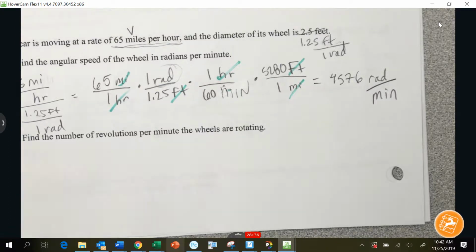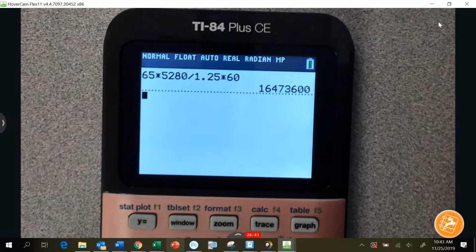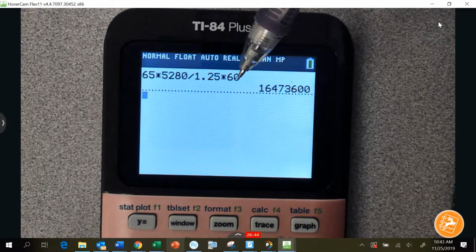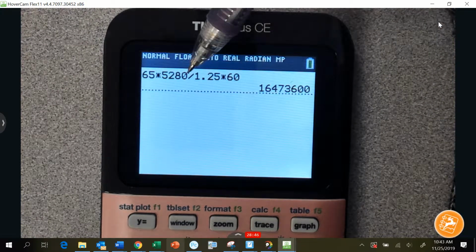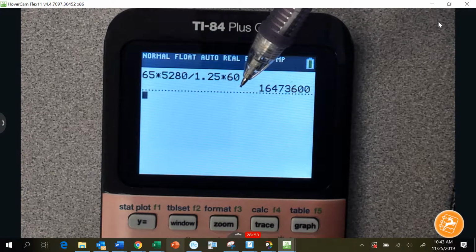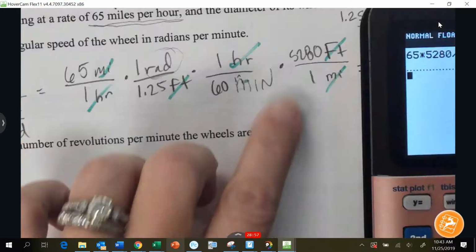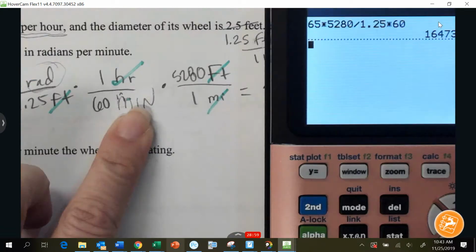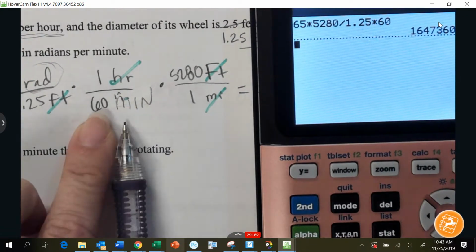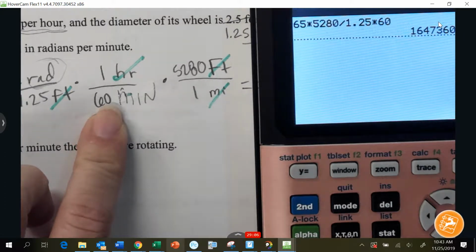Can you guys help? So the calculator does order of operations. And so the calculator is going to go left to right. It's going to do 65 times 5,280, which we want. But it's going to take that answer and multiply by 60. But where was your 60 supposed to be? You're supposed to multiply the denominator by 60, right?